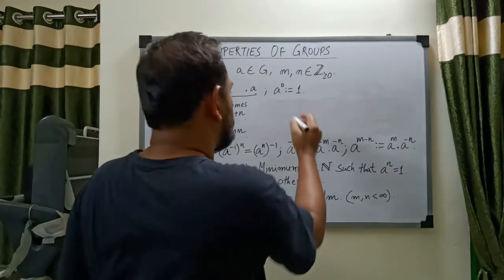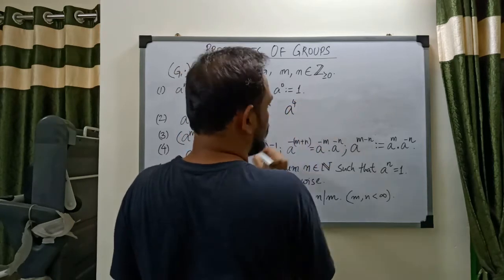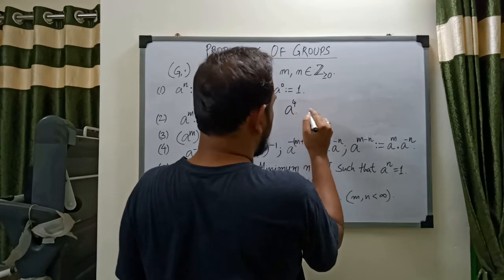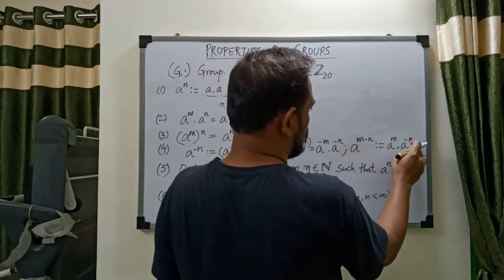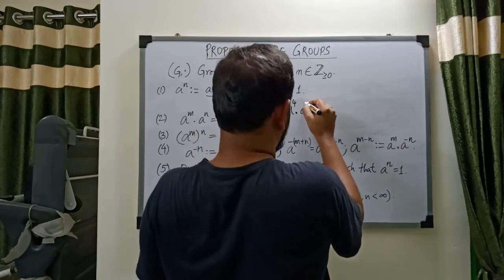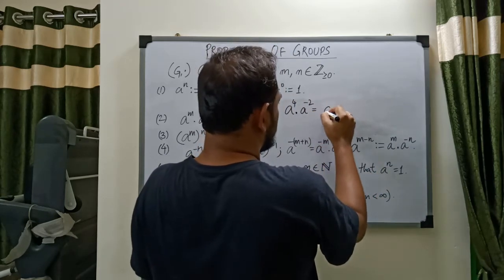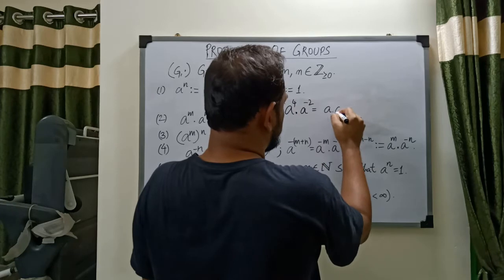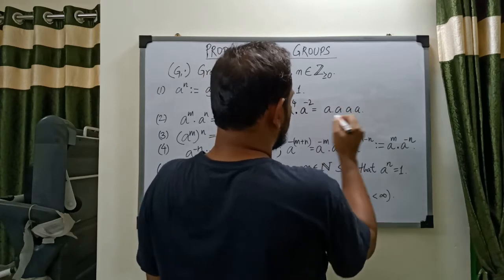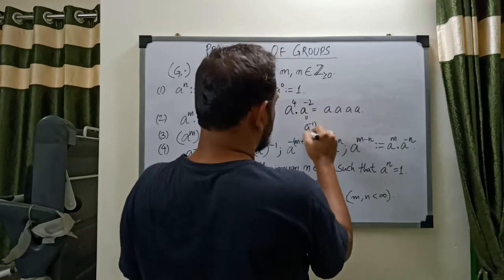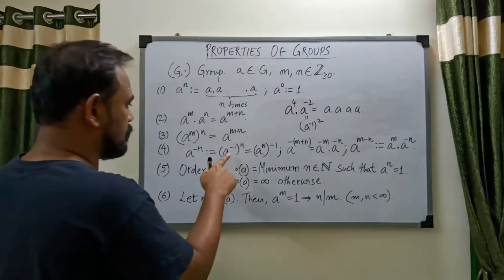For example, if my m is 4 and my n is 2, then I have this one, and you can see, this means that A put together 4 times, and this is A inverse put together 2 times, right, from here.